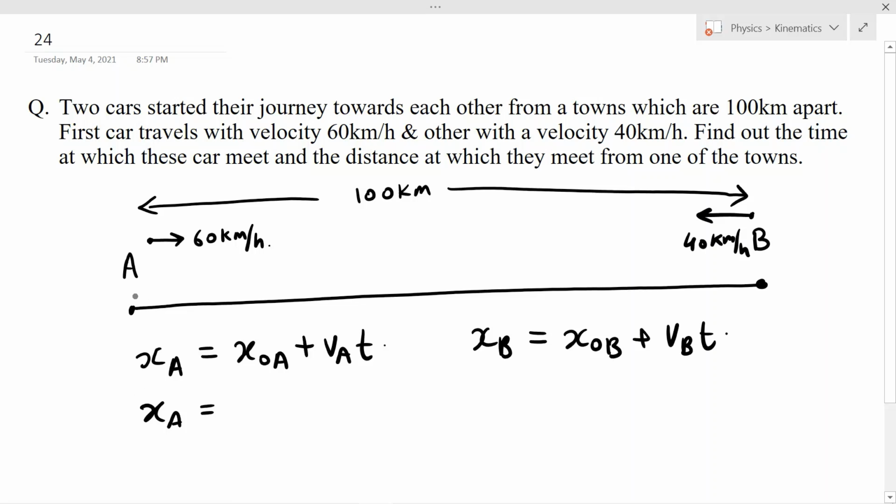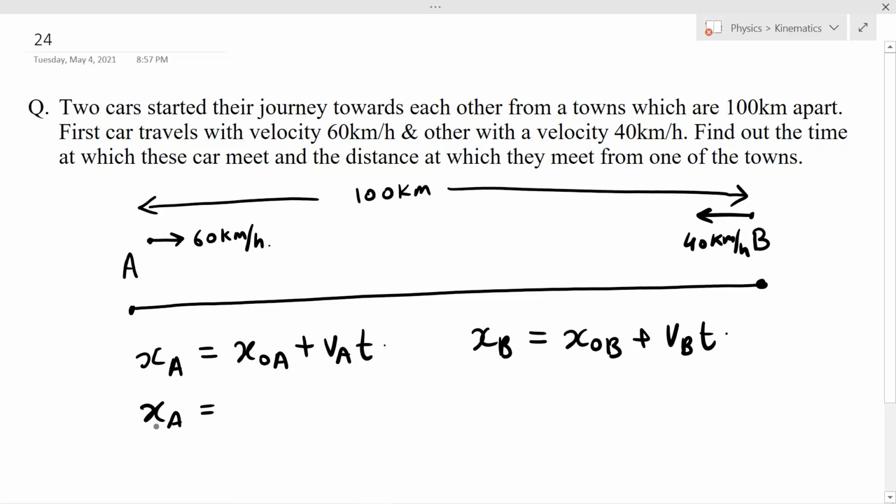I could have said that the acceleration is infinite, because in a split second this car achieved the 60 km per hour speed, and this one also. So that is one glitch over here.